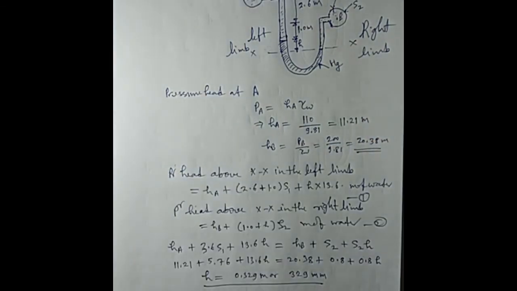Okay, therefore we calculate all the heights of the fluids of specific gravity 1 and 2 in limbs A and B. Therefore we draw a section XX in the U-tube. Two parts are assumed. One part is above the XX section of the left limb, and the second one is above the XX section of the right limb.